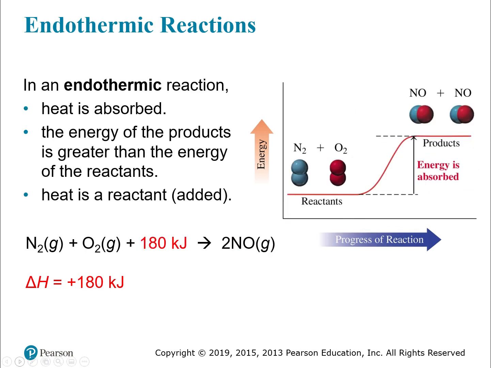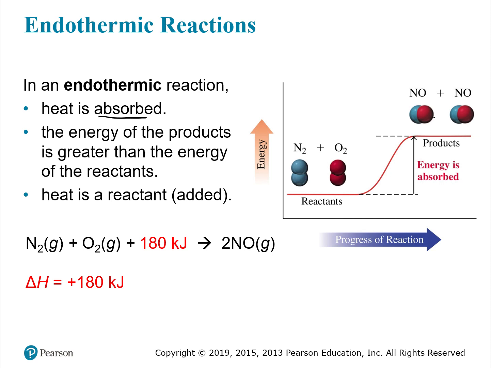Endothermic reactions are the opposite. That means heat is absorbed. So if you're doing something in a reaction vessel, that vessel is going to get cooler because the reaction is absorbing heat from the environment. The reactants require energy, so the product is going to be at a higher energy than the reactants.